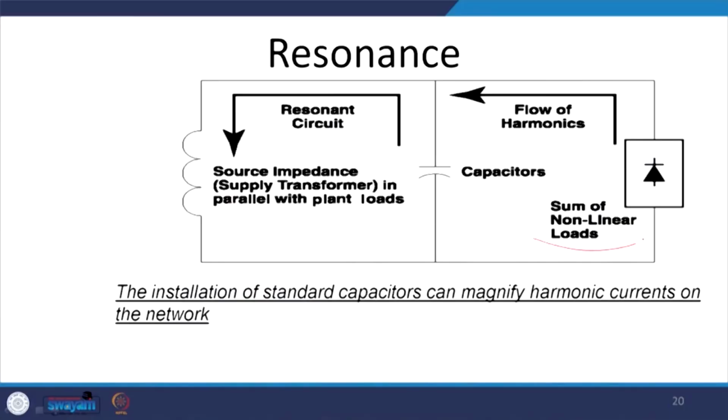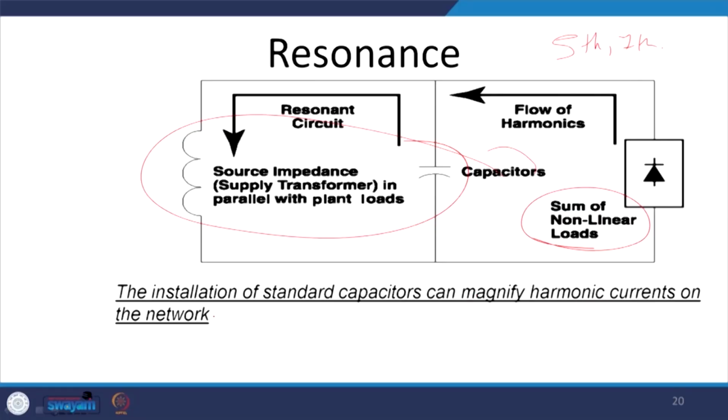Let us see that. There are some nonlinear loads that generate 5th harmonic, 7th harmonic and so on. So, you have capacitors and you have an inductor. This may set to a particular frequency, and this frequency may be close to the particular harmonic being generated, and that harmonic will find a resonance in this tuned circuit, and it will set up resonance for the harmonics.